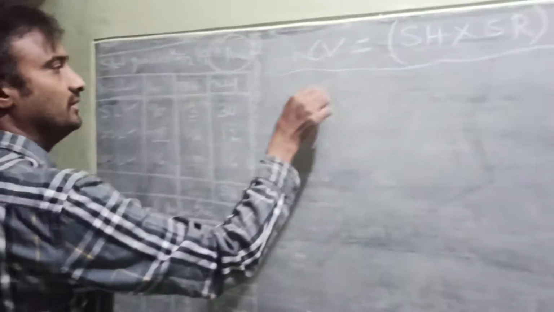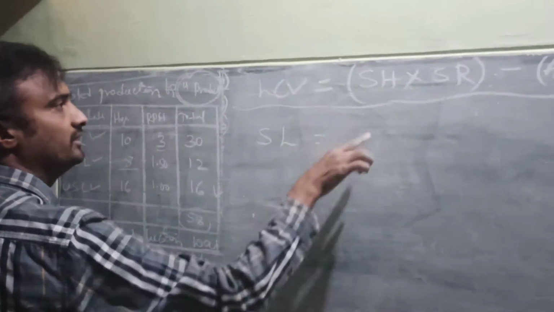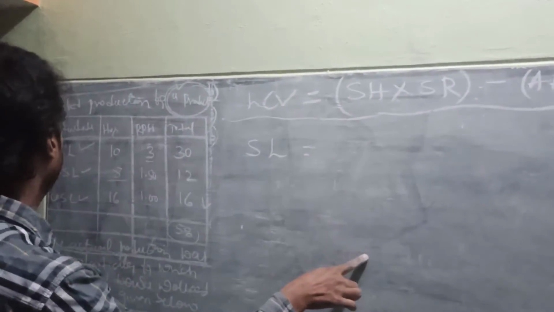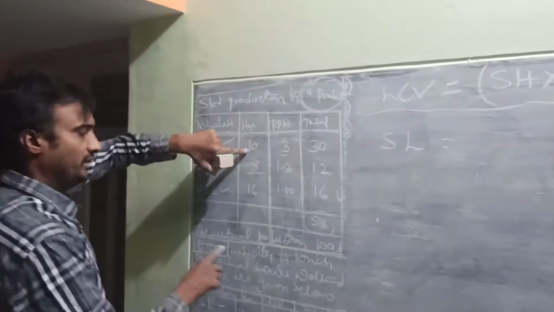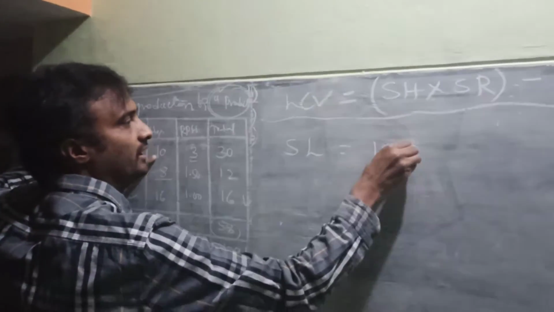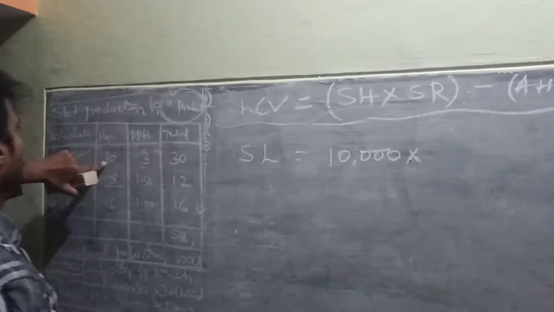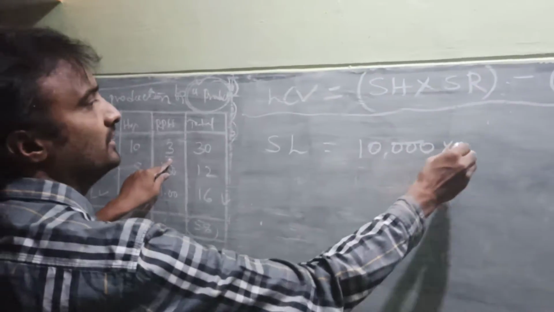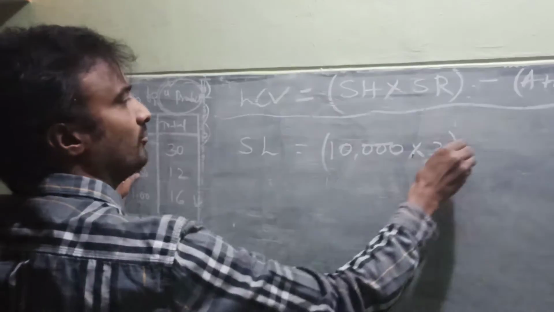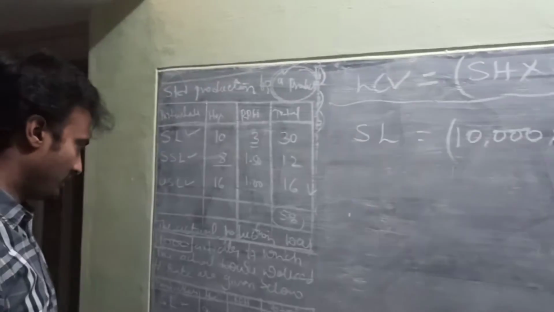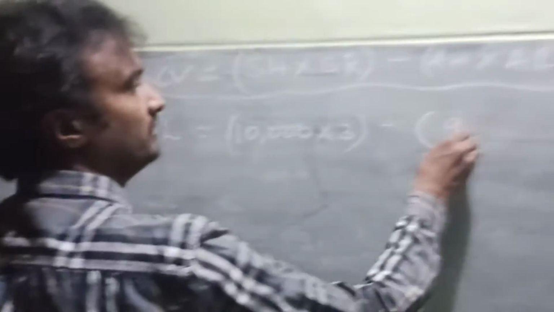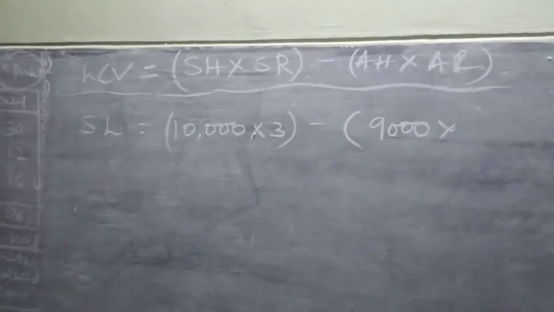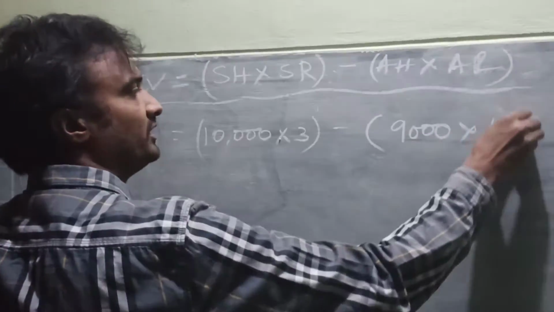For skilled labor, the revised standard hour is 10,000 as calculated in the previous step, 10,000 hours into standard rate, given as 3 rupees, minus actual hours for skilled labor, 9,000 hours into the actual rate of 4 rupees per hour.